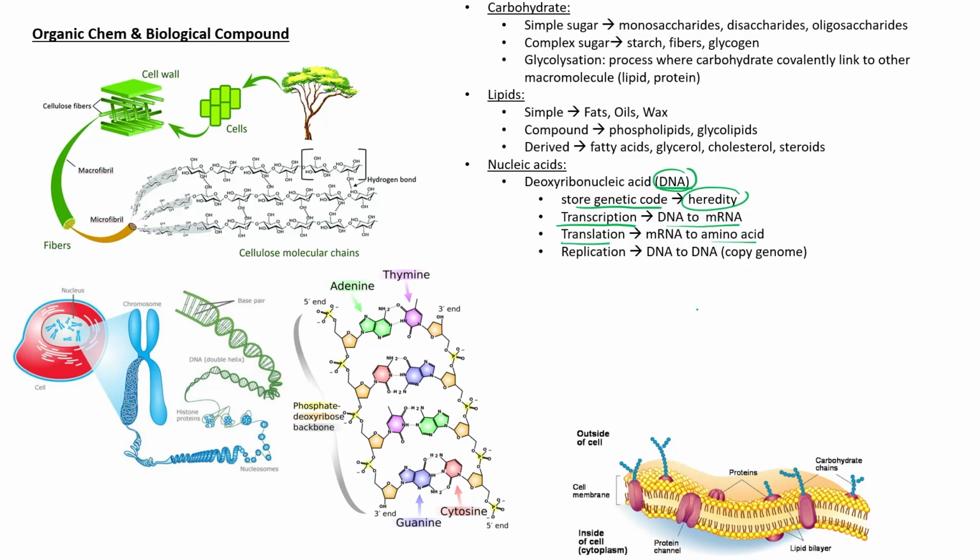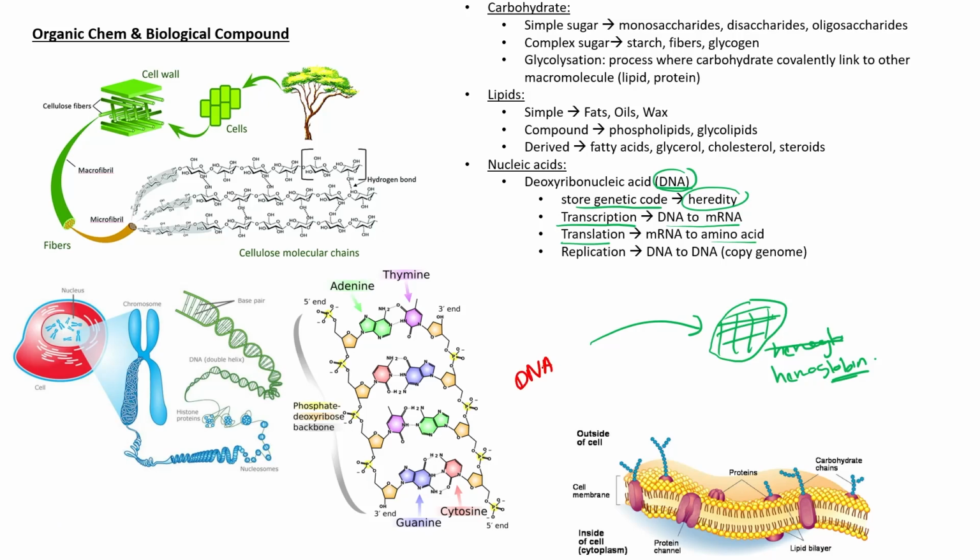For example, in order to get a protein, let's say hemoglobin. Hemoglobin is basically in your red blood cell. Hemoglobin is a protein. In order for the body to make this, it needs to get instructions. Where does it get the instructions? From the DNA.